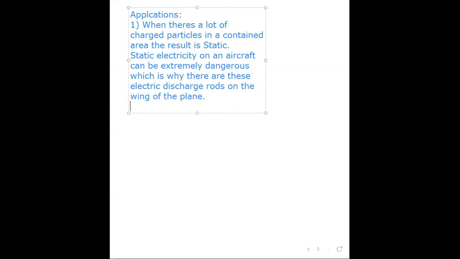I guess the diagram here, I'll post it in the chat so you guys can see it as well. If you've ever flown on a plane or sat in a window seat, you'll see on the wing of a plane these rods.